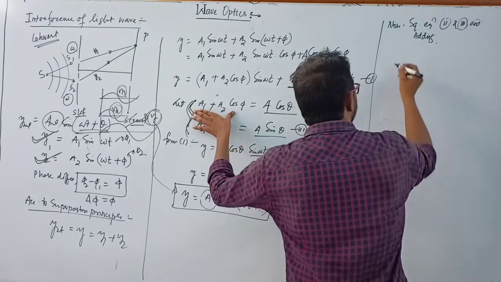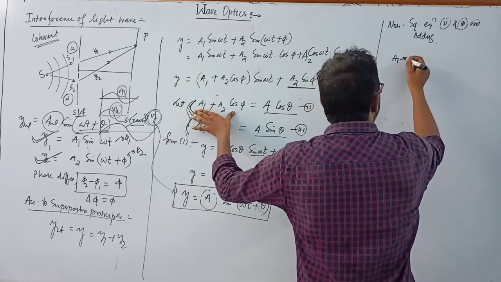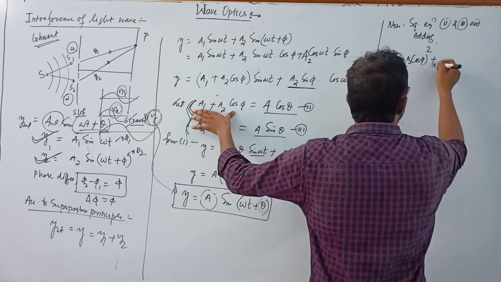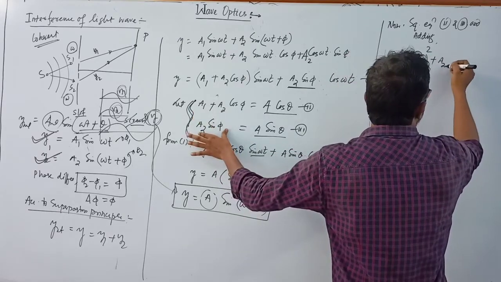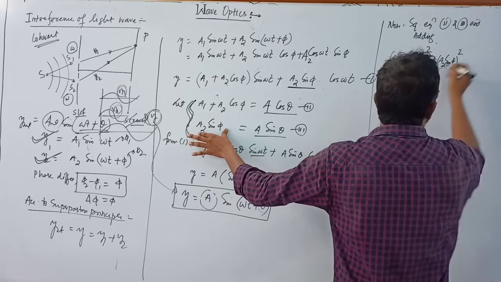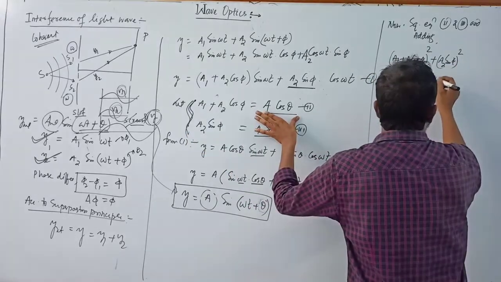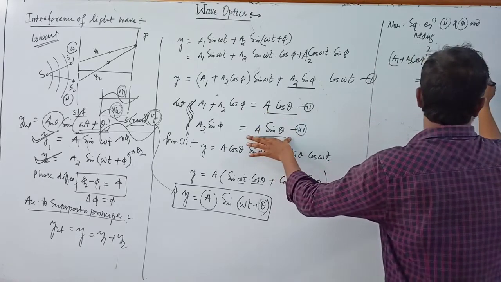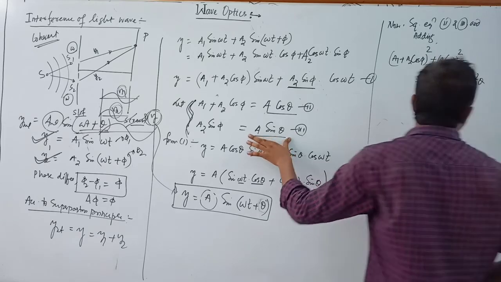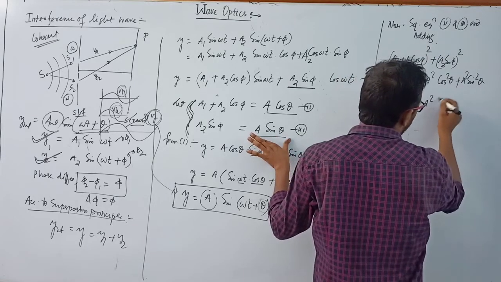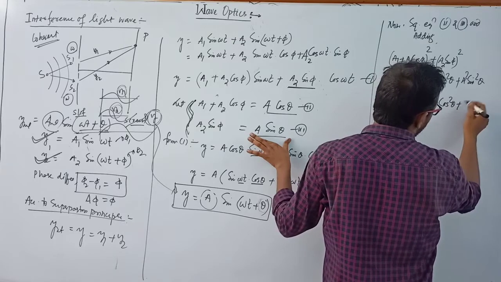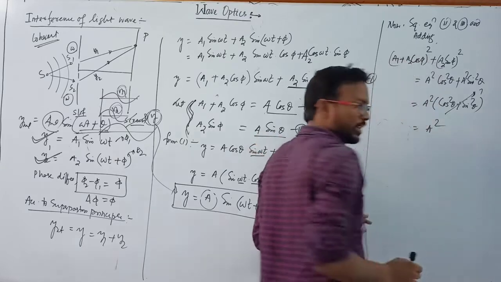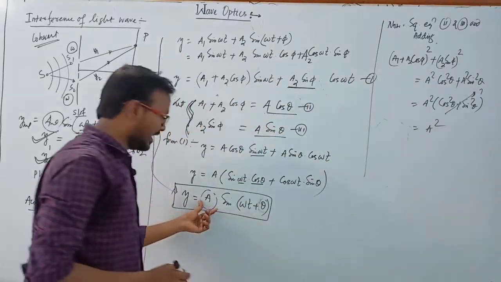If you square this relation, then you can write (a1 plus a2 cos phi) whole square plus (a2 sin phi) whole square, which is equal to, on the right hand side, A square cos square theta plus A square sin square theta. If we take common A square, then cos square theta plus sin square theta is equal to 1, and here we get A square, but we have to find the value of A.